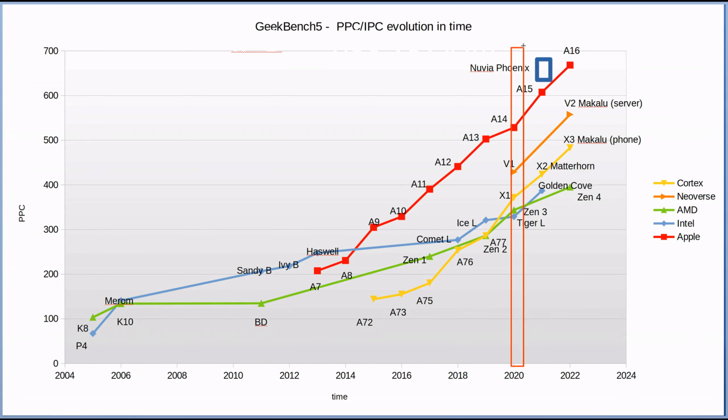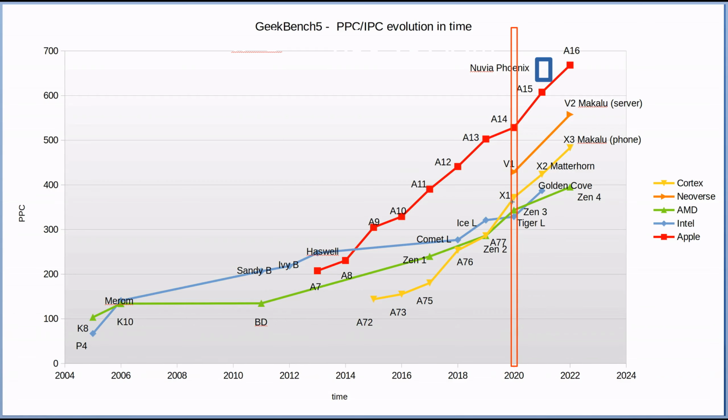2020 is the year to compare, and we can see that the Zen 3 is only slightly better than the Tiger Lake. Apple A14 is way better in terms of IPC. It's like 60-70% above Tiger Lake and Zen 3.